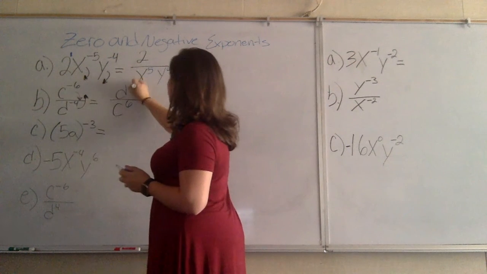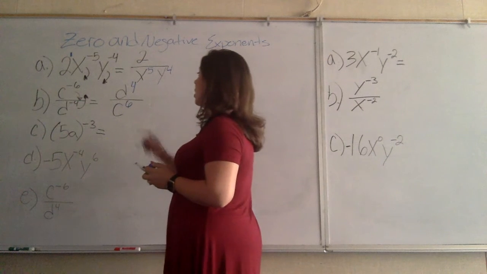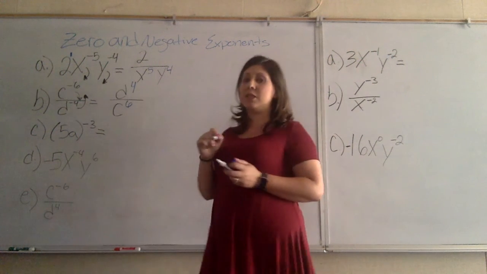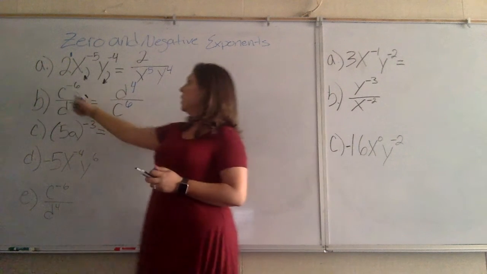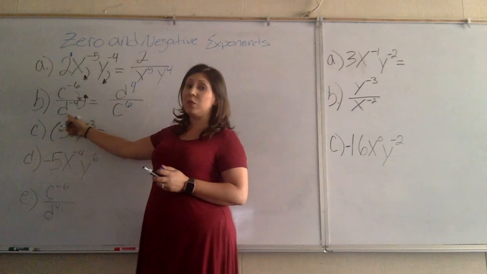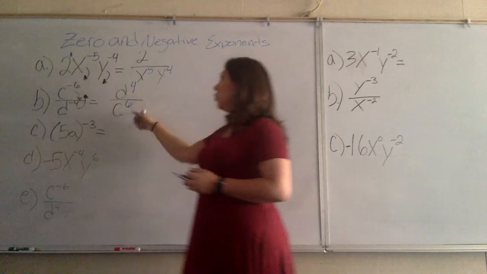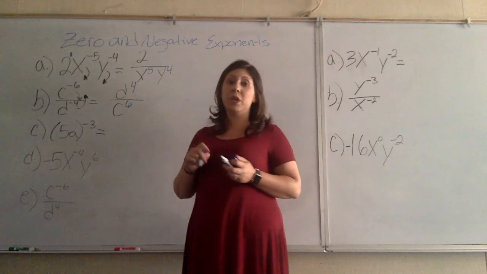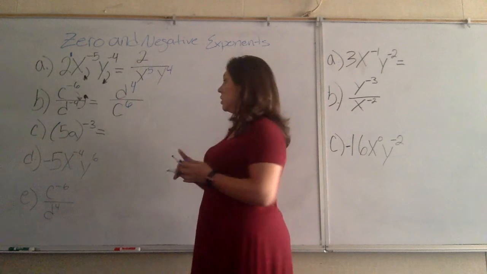That's right. So then my answer is D to the 4th over C to the 6th. Again, the C didn't like where it's at, so it moved down. My D didn't like where it's at, so it moved up. So what they did was just switch. Once they switch, my exponents become positive.